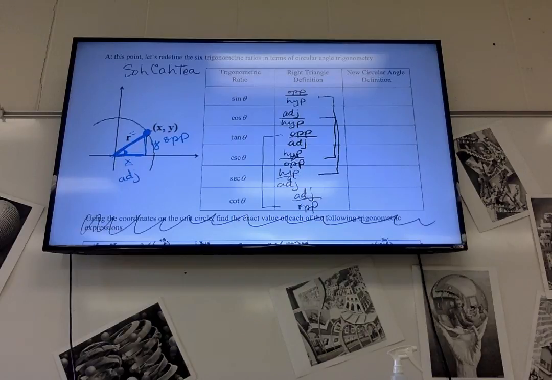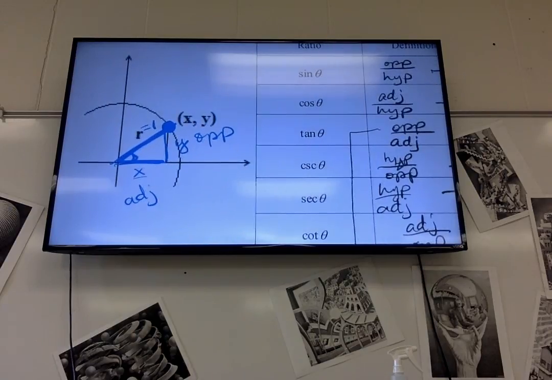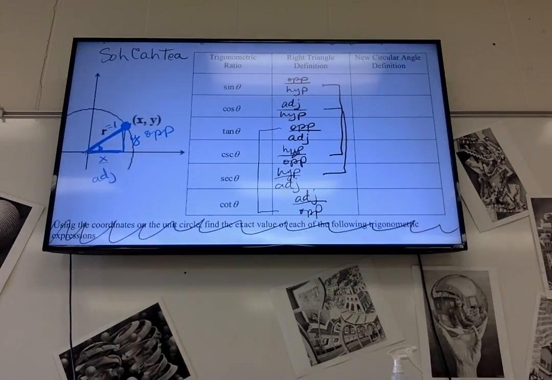On any unit circle, what's the radius? Unit. This is just a different x and y. So if r is 1, then the opposite is y over the radius, which if it's a unit circle, is 1. So sine is just y in a unit circle.